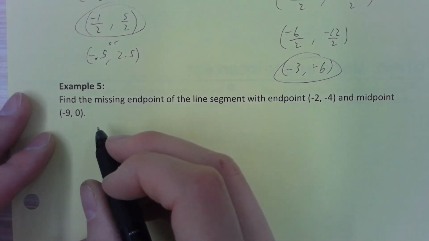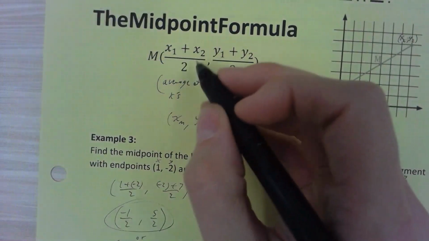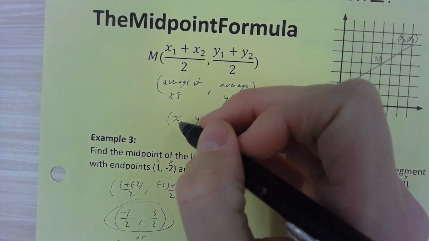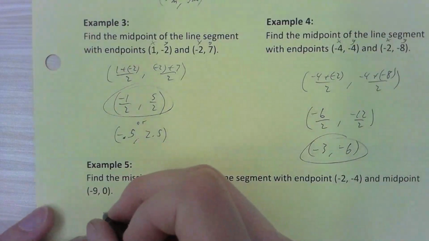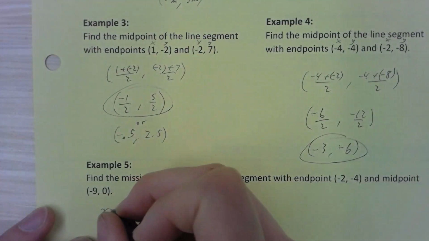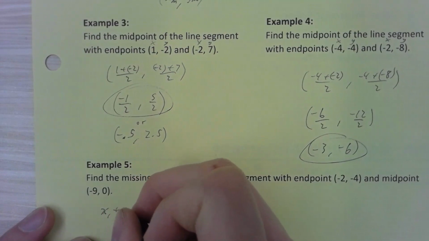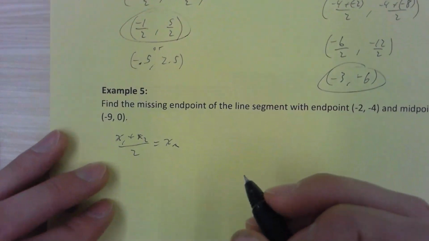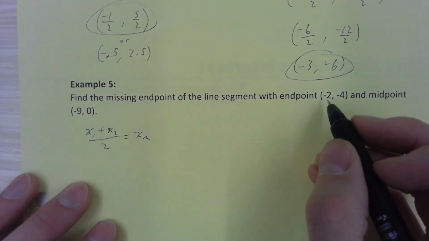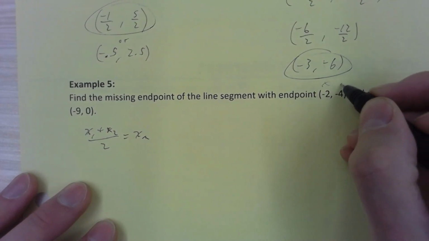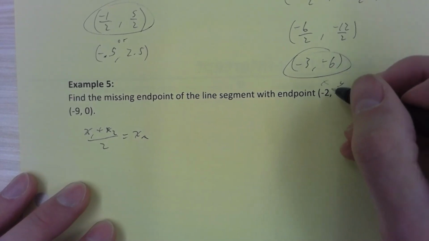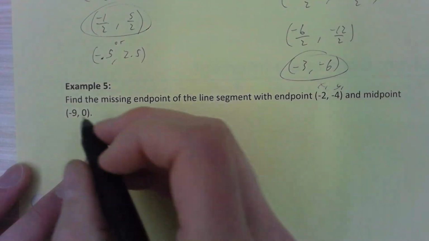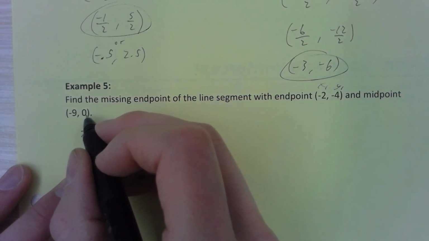Here we can use the midpoint formula, and since we find the average of our x's to find the x coordinate of our midpoint, we can write an equation that says x1 plus x2 over 2 equals the x coordinate of our midpoint. If this is one of our endpoints, maybe this would be my x1 and y1, and the midpoint is negative 9, 0.